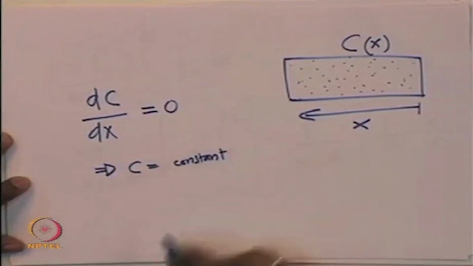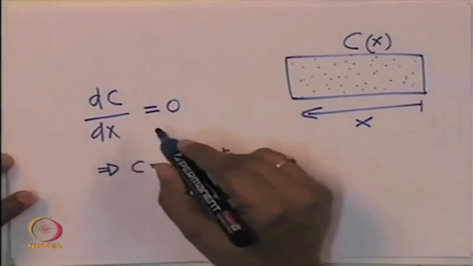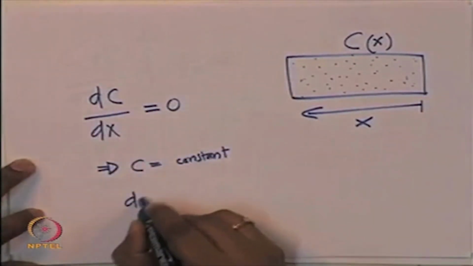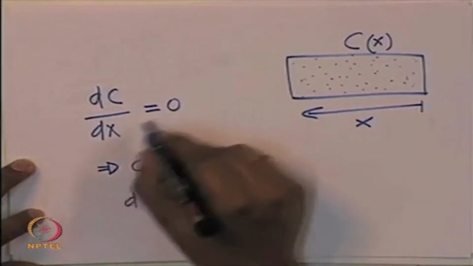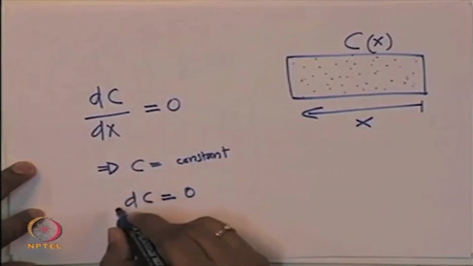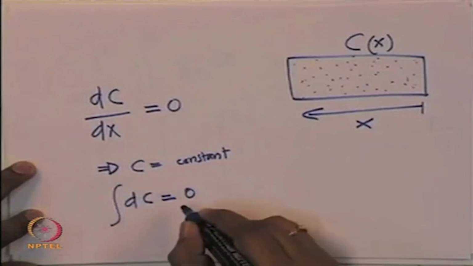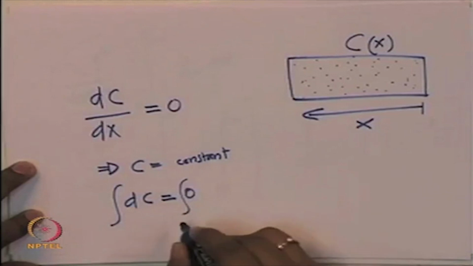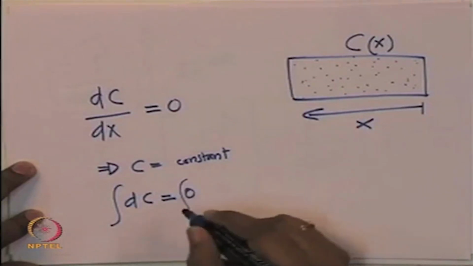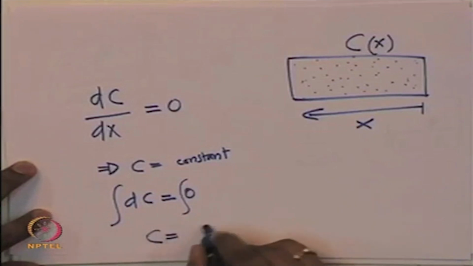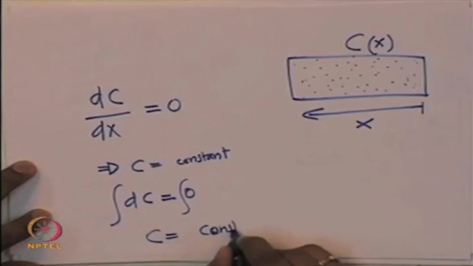This only means that c is a constant. How do you know that? Because you can integrate this equation. I can multiply both sides with dx, so you will get dc equal to 0, because 0 multiplied with anything is 0. Now, you can integrate this. 0 is anyway a constant, as there is a constant of integration. So, you will get c is equal to a constant.